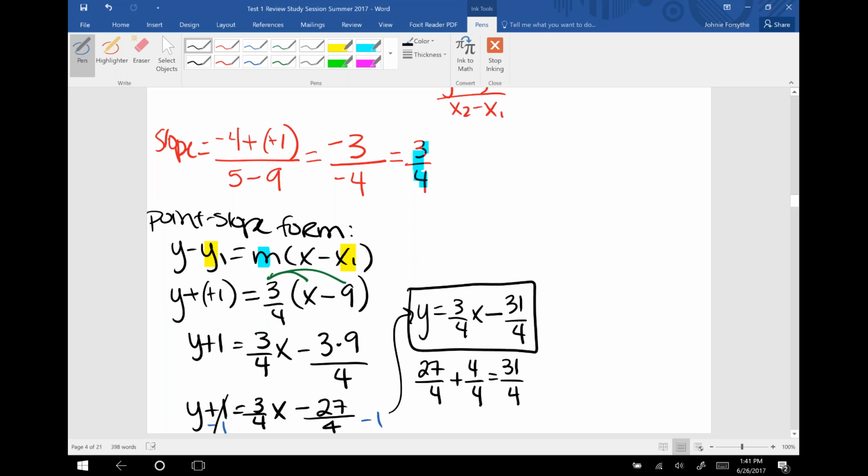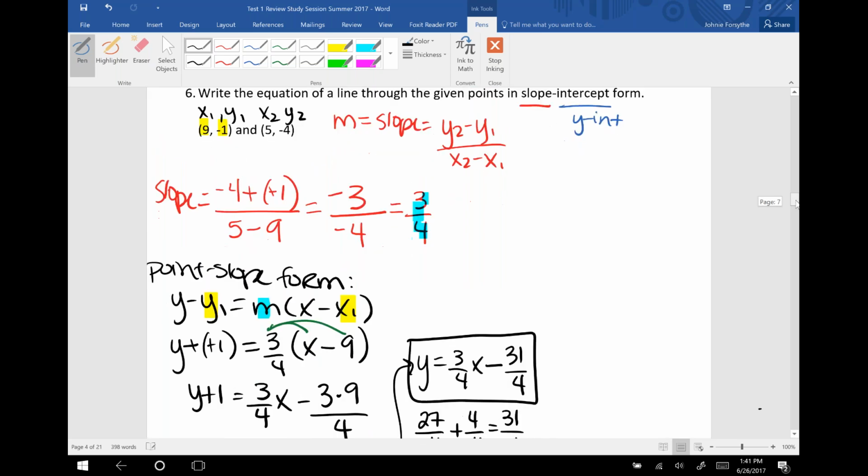Okay? And I said I wanted to show you another way. Let's say you wanted to use slope-intercept form. So let me see if I can scroll up. Okay, so say at this point, after we found the slope, you forgot point-slope form. Hey, it happens. If we want to use slope-intercept form, what you basically are going to try to do is pick a point.